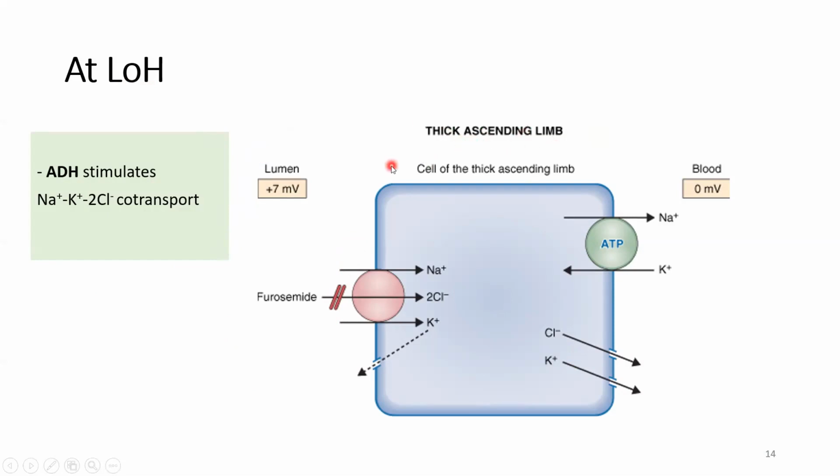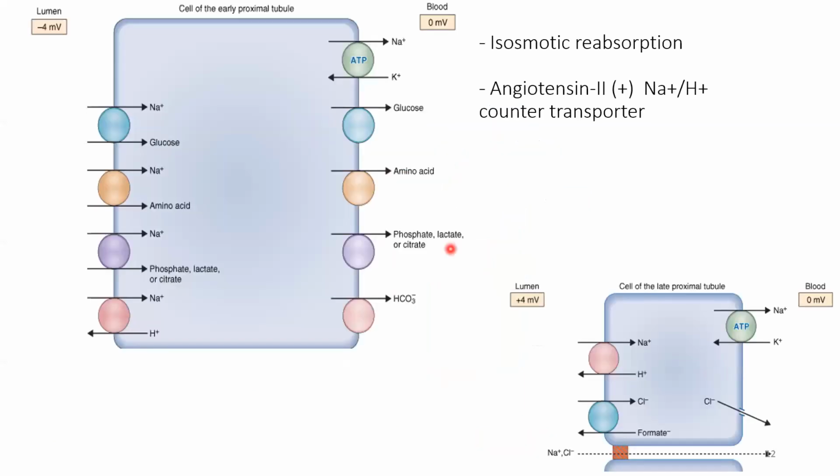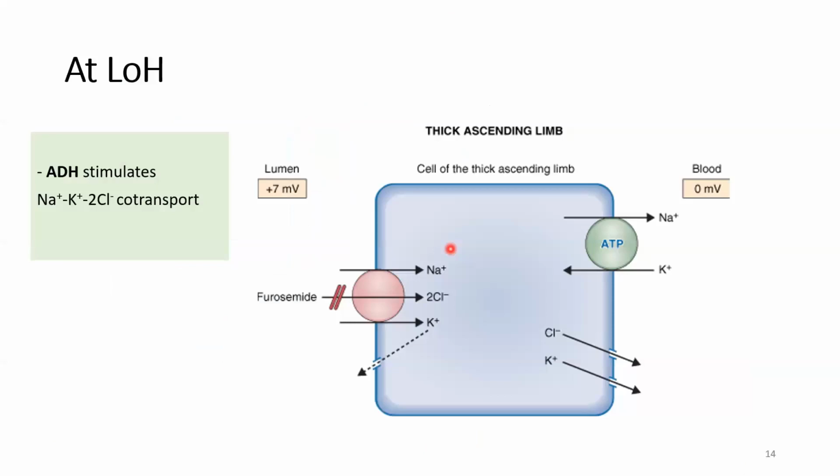Those thin segments deal with water and other stuff, less with sodium, but it's the thick ascending limb of the loop of Henle, shown here, which deals with 25%. So a significant amount of sodium gets picked up here.